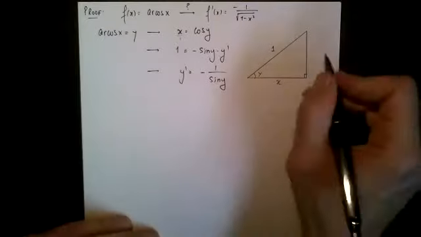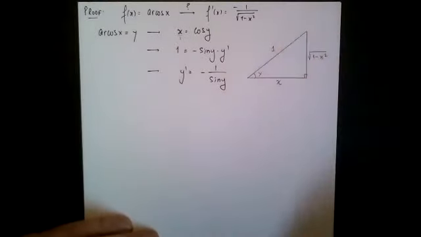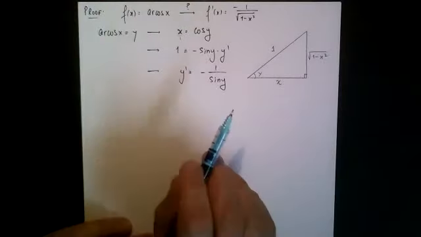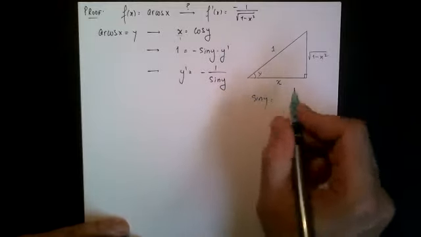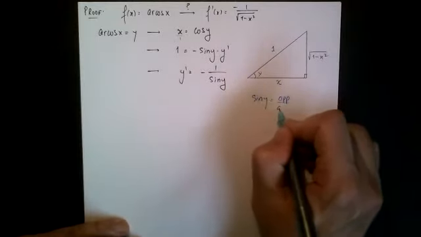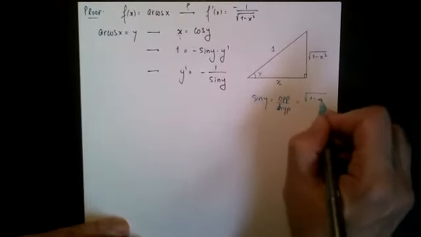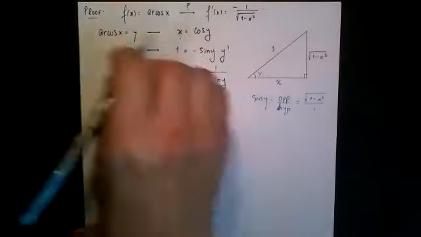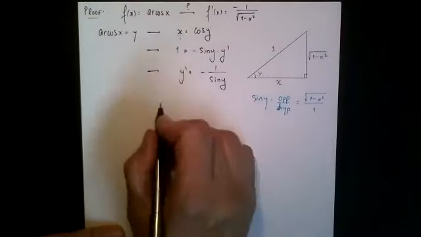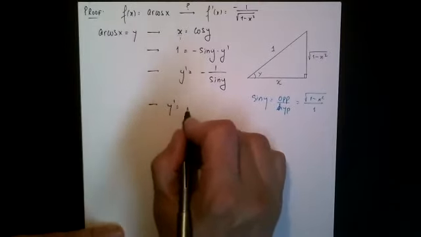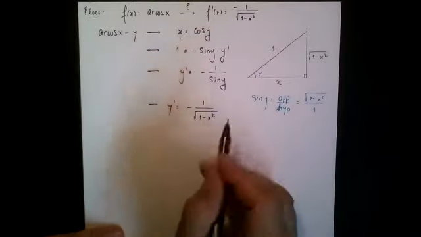And this, of course, by Pythagoras, is square root of 1 minus x squared. And I'm looking for the sine. So sine is opposite over hypotenuse. That's it. So I could replace sine y by this, and I'm done. That's what I wanted to prove.